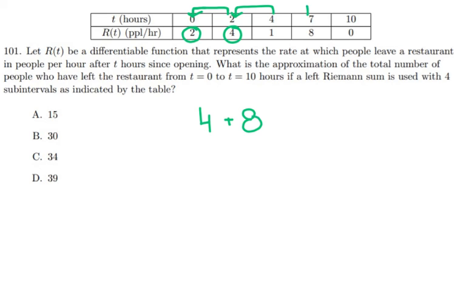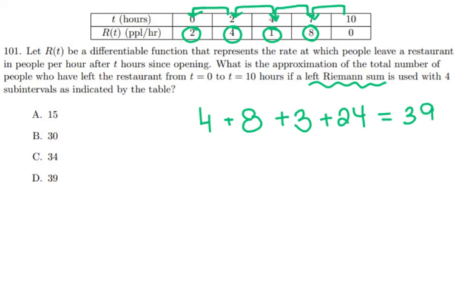Again, your x-axis is increasing by 3 and the height is 1 because I take the left side, so that would be 3. And again, your x-axis is increasing by 3 and the height is 8, so that would give you 24. So the left Riemann sum using just the table alone would give you 39 in this case.